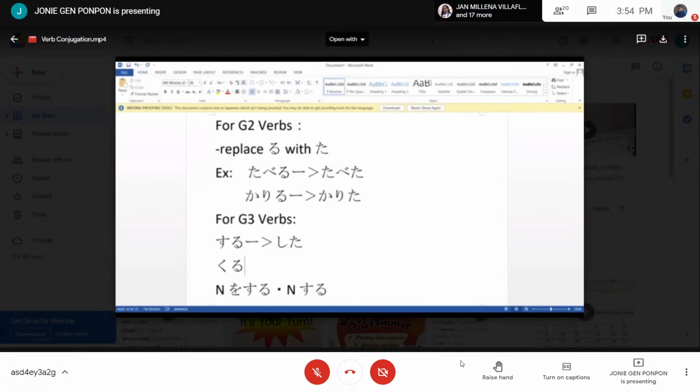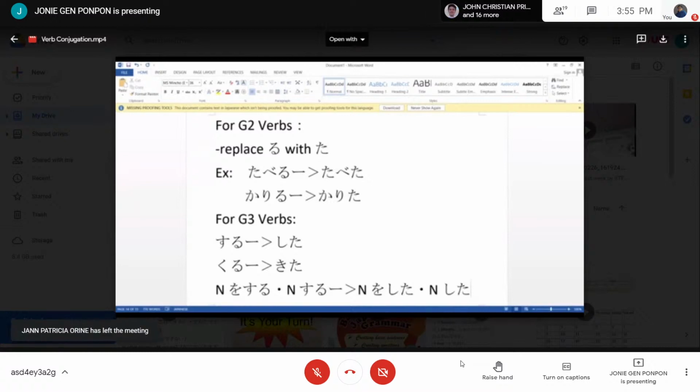Shita, and then the kuru will become kita, and then the noun o suru, or the noun suru will become noun o shita, or noun shita.